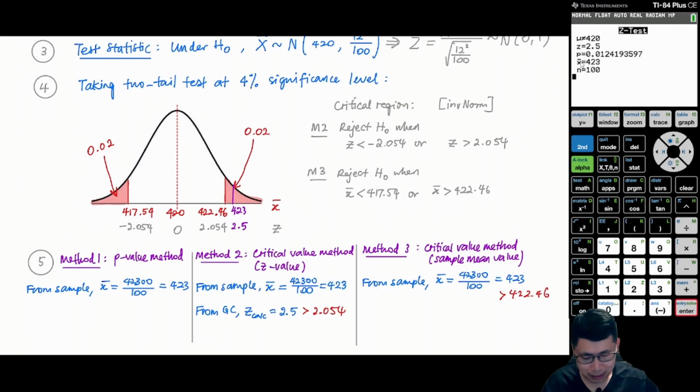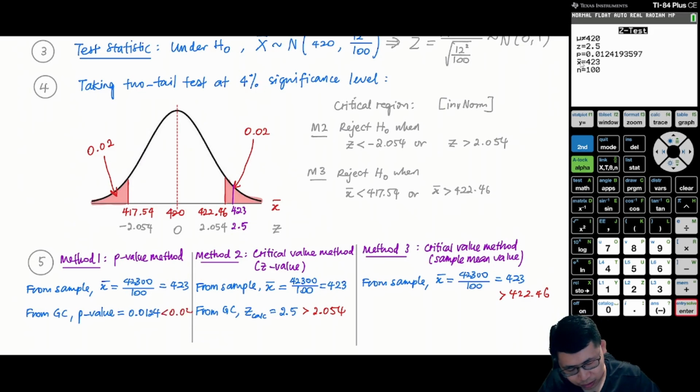Now, last but not least, method 1 is just the p-value. Same sequence, but straight away we can get the p-value, which is equal to 0.0124. Now we need to compare this p-value with the significance level, the probability. This probability is less than 0.04.